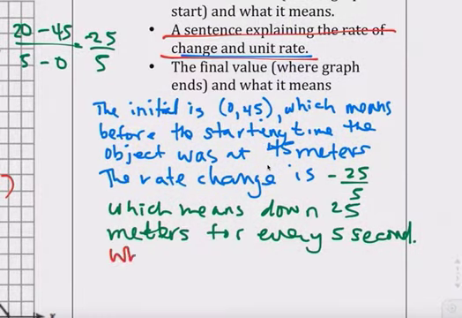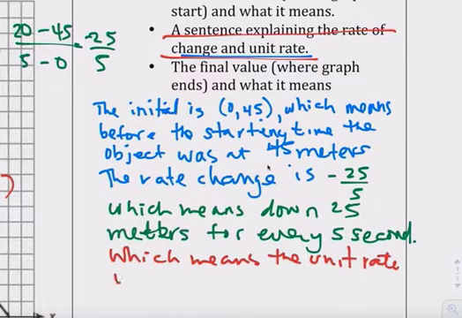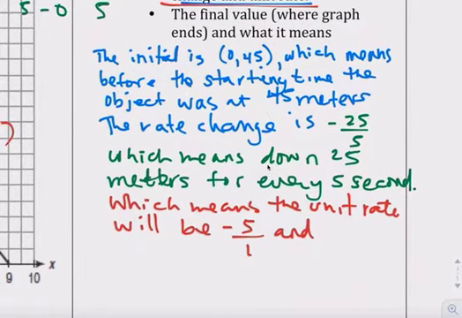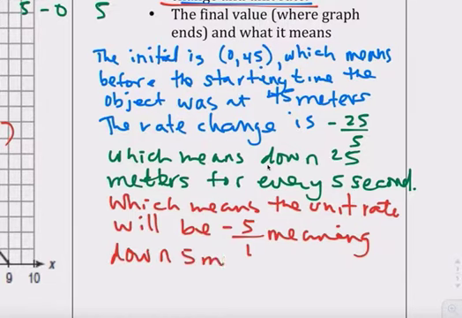Which means the unit rate will be -5/1, meaning down 5 meters for every second.